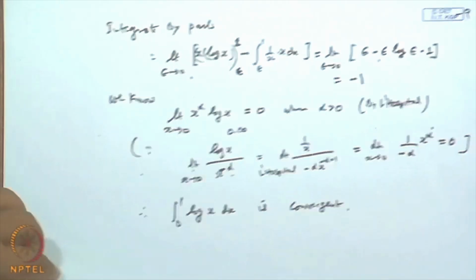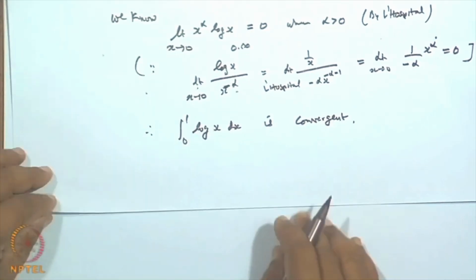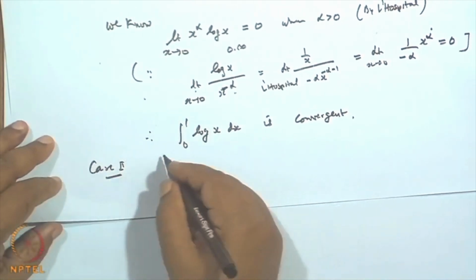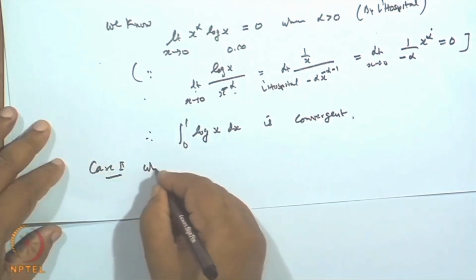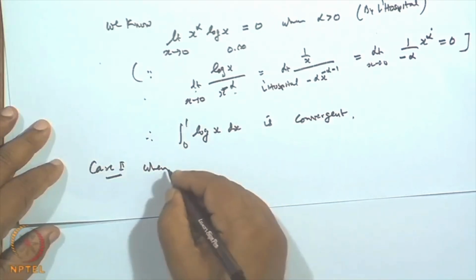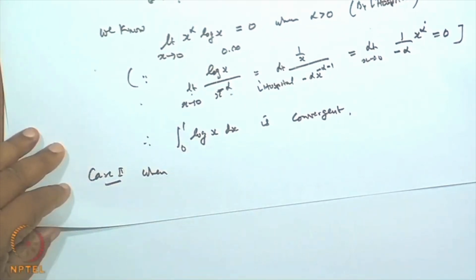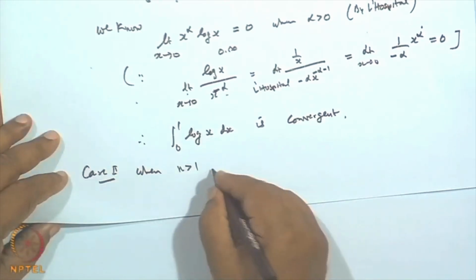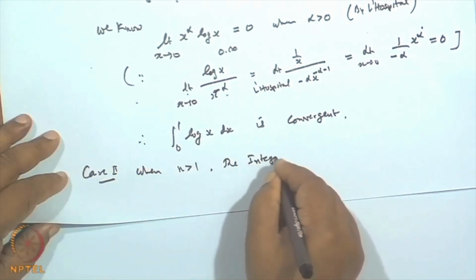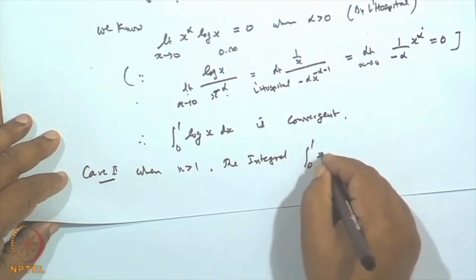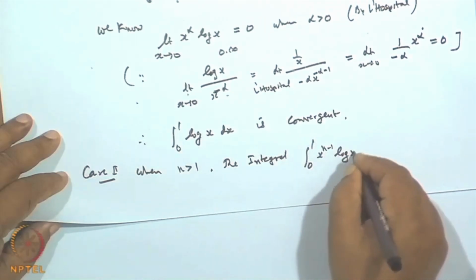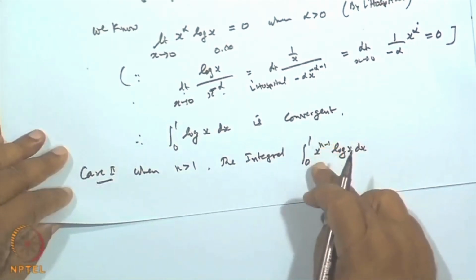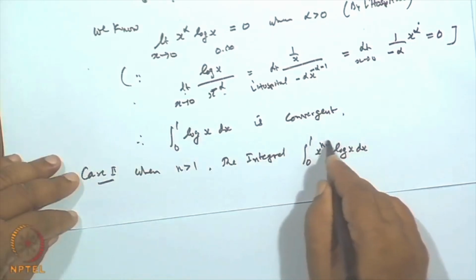Okay. Now case 2, when n is greater than 1. When n is lying between 0 and 1, the integral is improper, and when n is greater than 1, the integral from 0 to 1 of x to the power n minus 1 log x dx has an integrand in which x to the power n minus 1 comes in the numerator only.